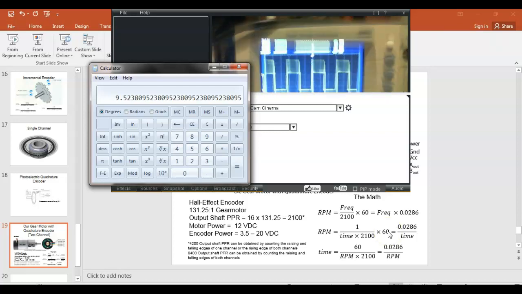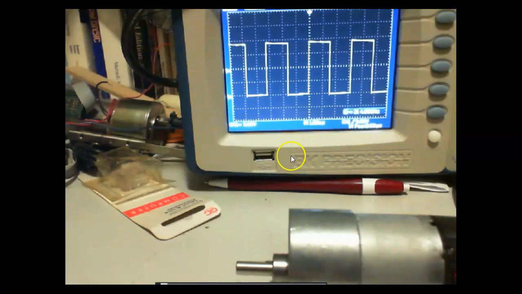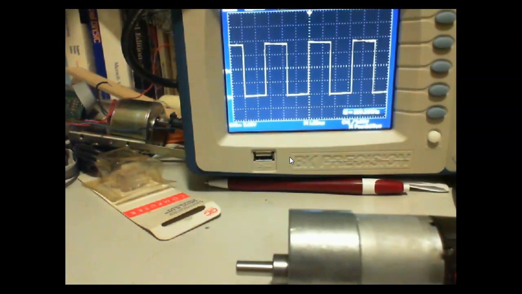So let's see if that's right. We can see when it runs around, when it flashes. So I'm gonna come up here and set my watch.